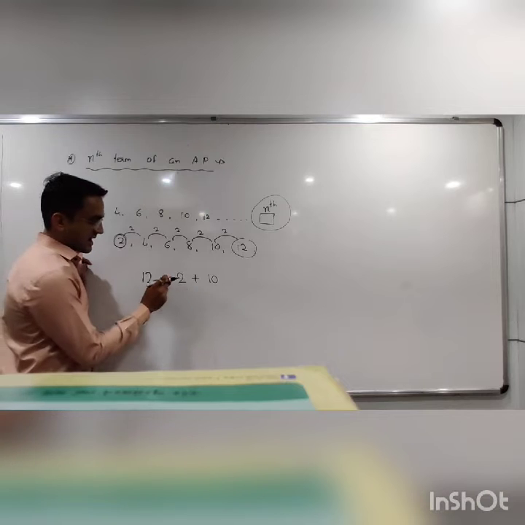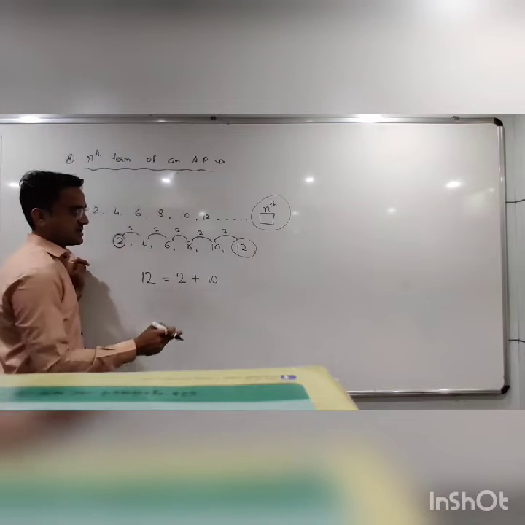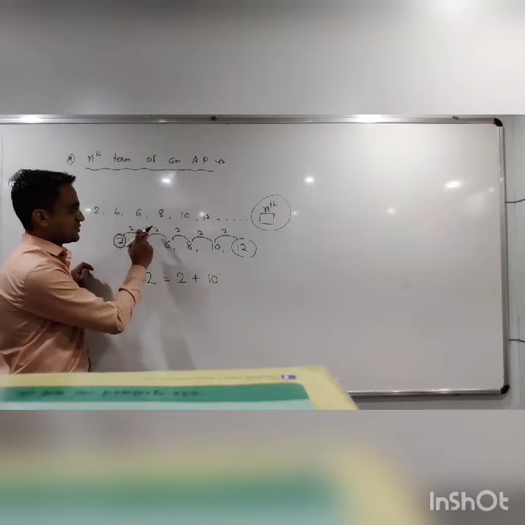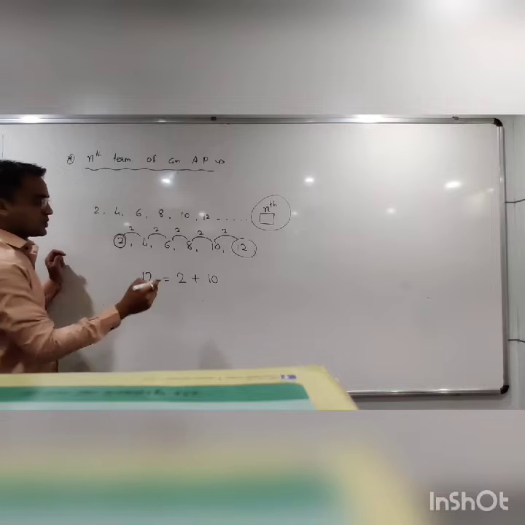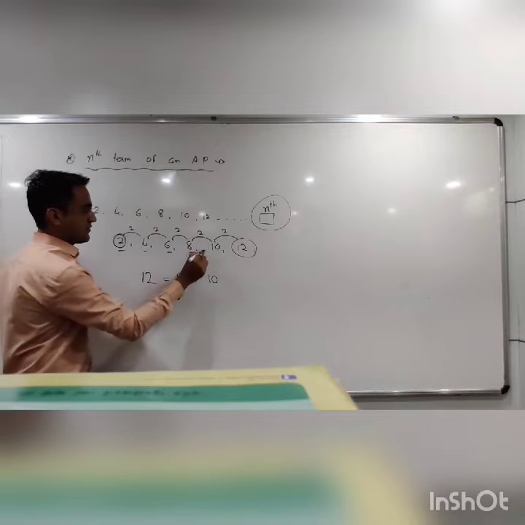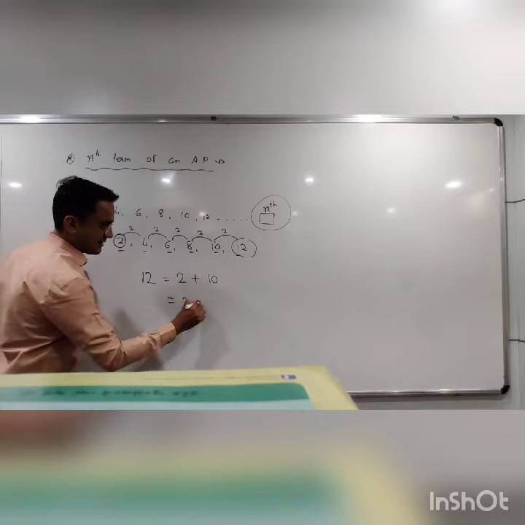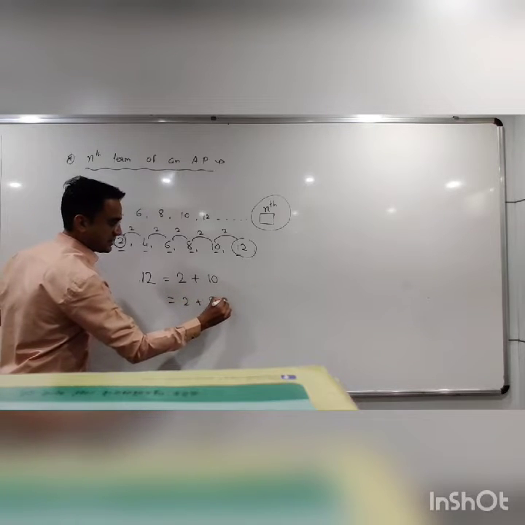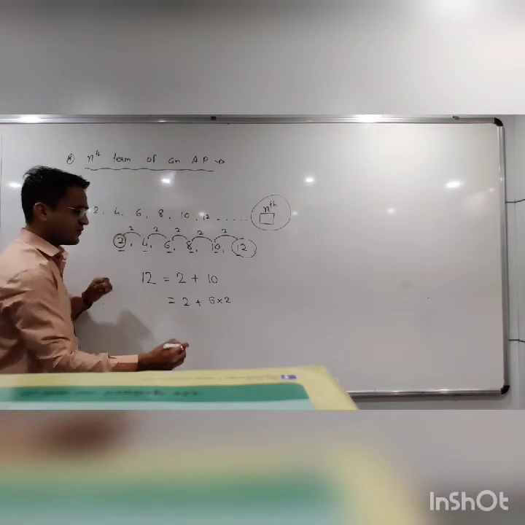Right? So this one is your first term and this is the difference. Now the difference is how many times? 1, 2, 3, 4, 5. So the total terms are 1, 2, 3, 4, 5, 6 terms. So I can write here 5 into 2. Clear?